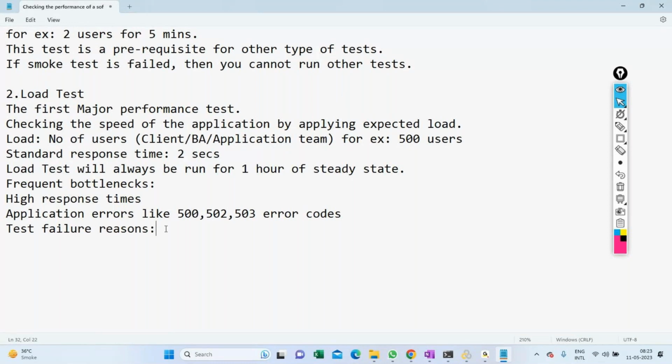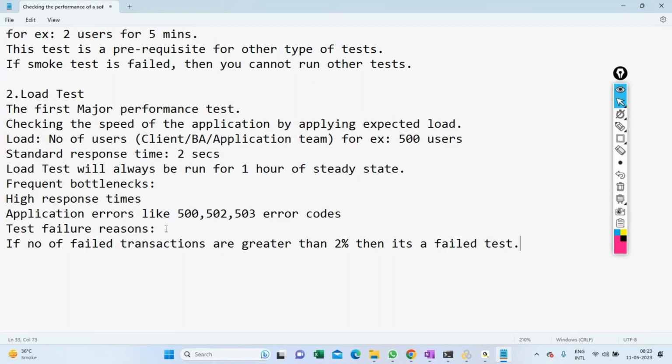If the number of failed transactions is greater than 2%, then it's a failed test. Simple logic.